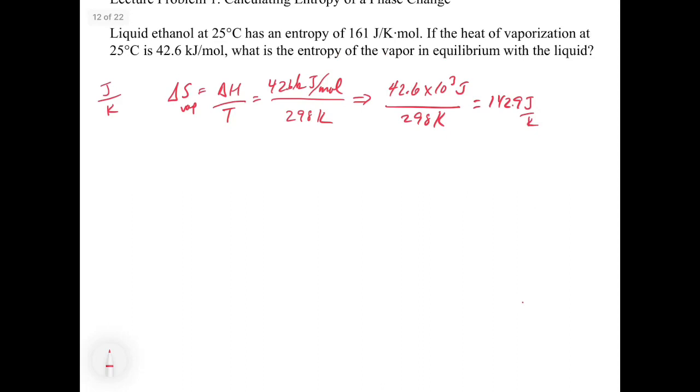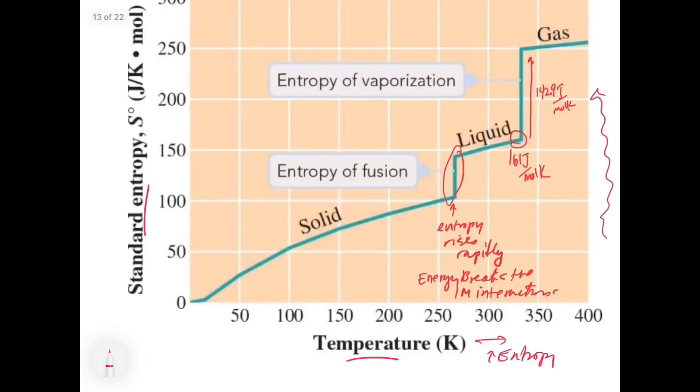So in essence, this is asking us for the entropy of the vapor in equilibrium with the liquid. So we have to take our 142.9 joules per Kelvin and add to it the original 161 joules per Kelvin, and then we get 303.9 joules per Kelvin.